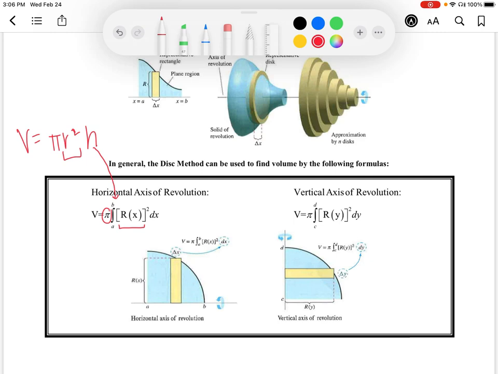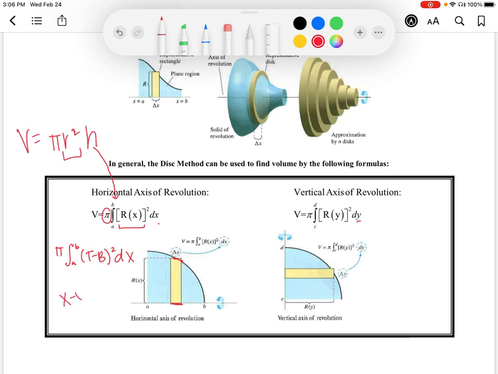Just like in our area, you can do it in terms of x, or you can do it in terms of y. So for x, it's pi, the integral from a to b, of top minus bottom, squared, dx. That radius is the top part minus the bottom part.